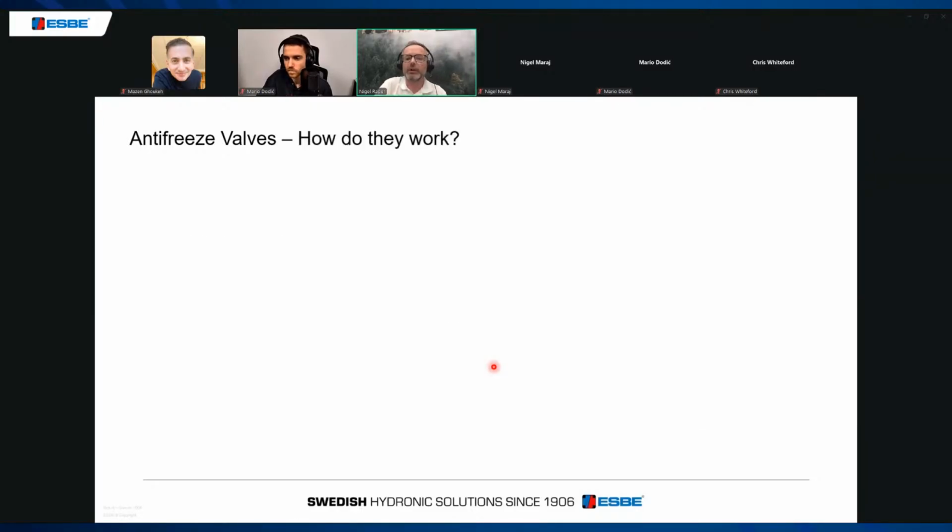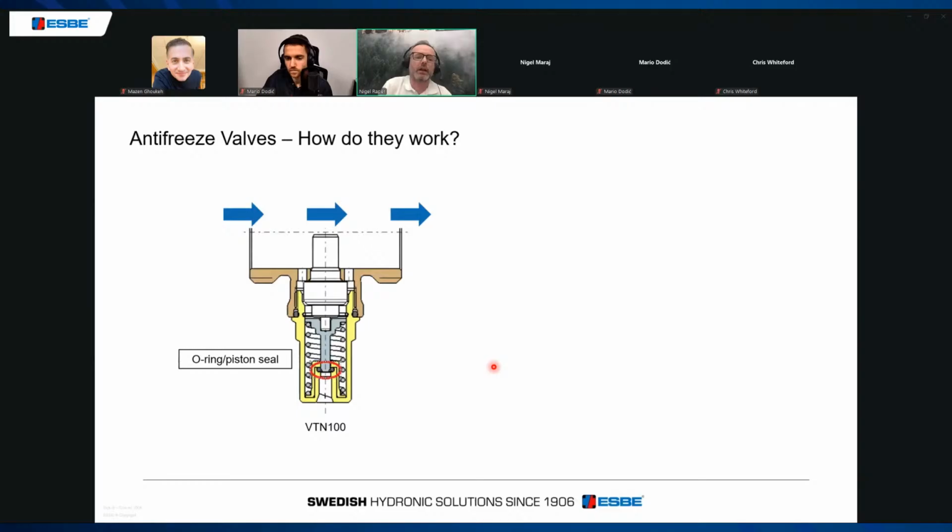So how do they work? This is a cross section of the lower half of the ESBE antifreeze valve. The blue arrows are the water flowing through the pipe. This white area here is a capsule, and this is a wax element. You see wax elements in your thermostatic radiator valves, and your thermostatic mixing valves used for blending water down, but we're using them in the antifreeze valve.